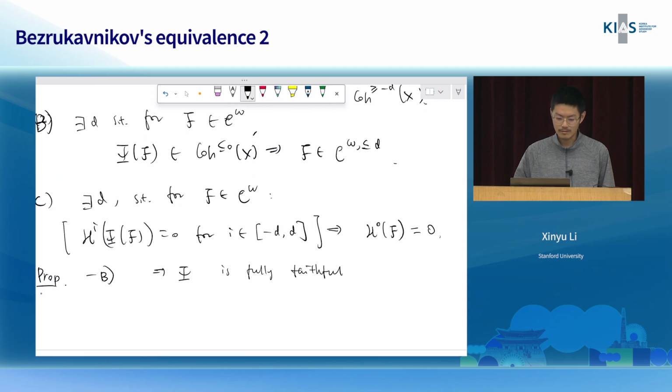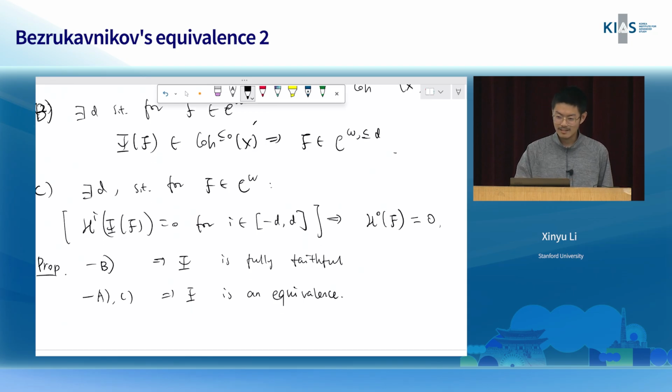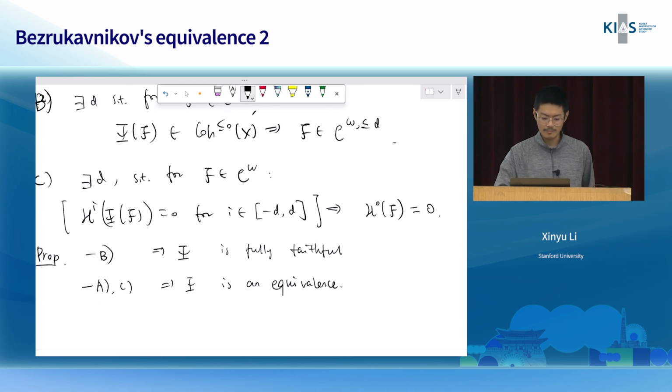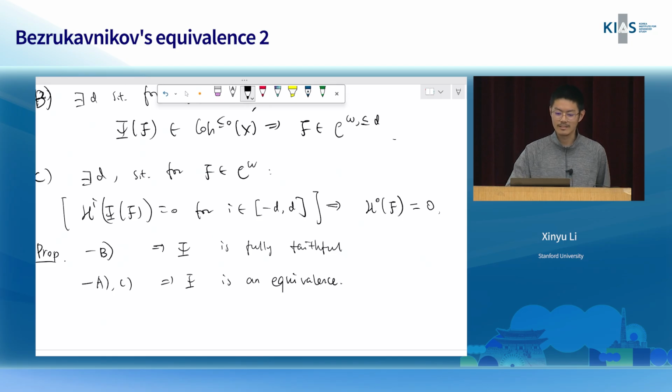And if it satisfies both A and C, then this Psi is an equivalence. Right, so then our goal is to apply this quite general formalism to our situation.